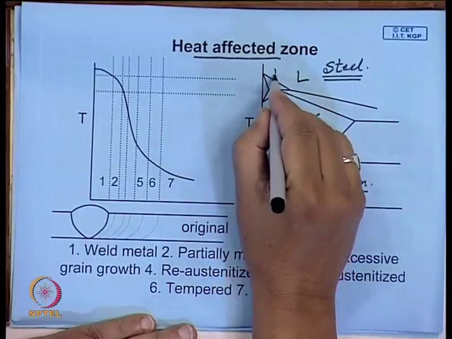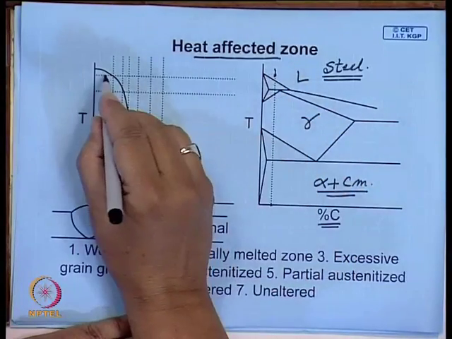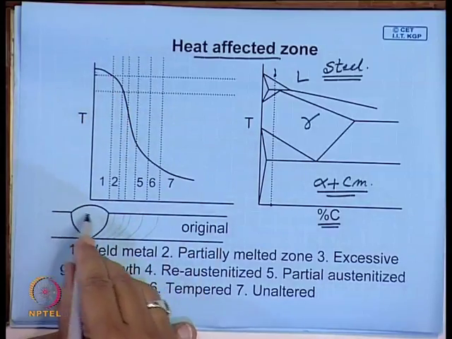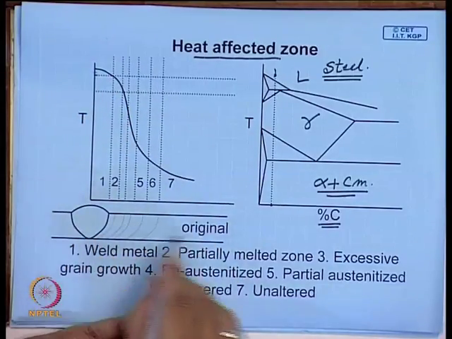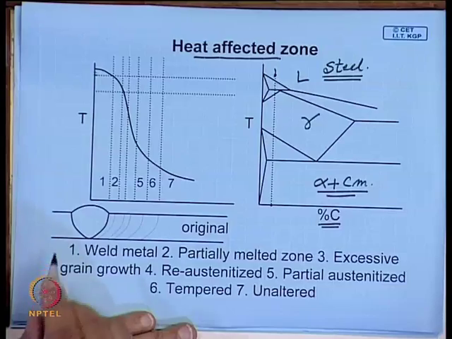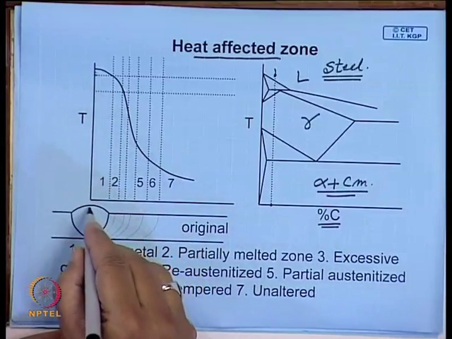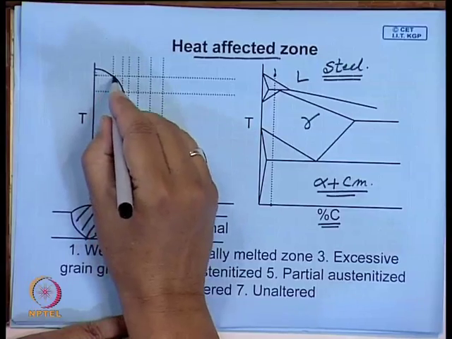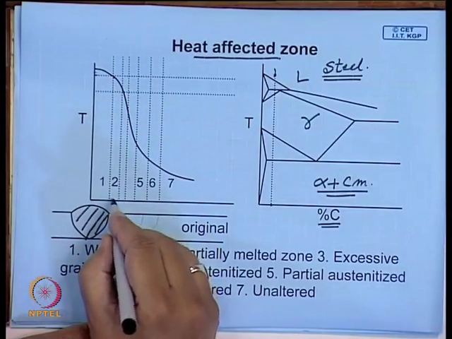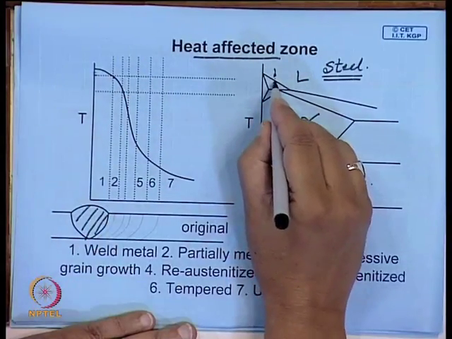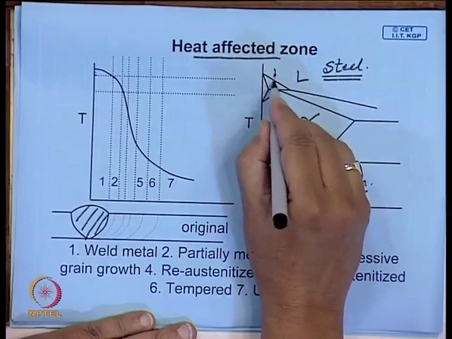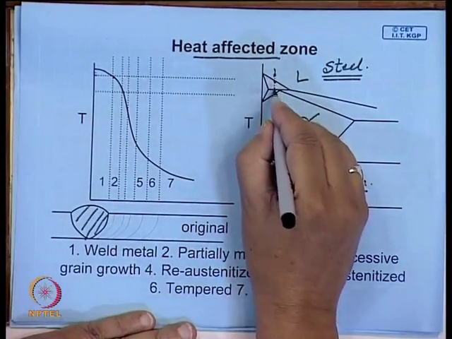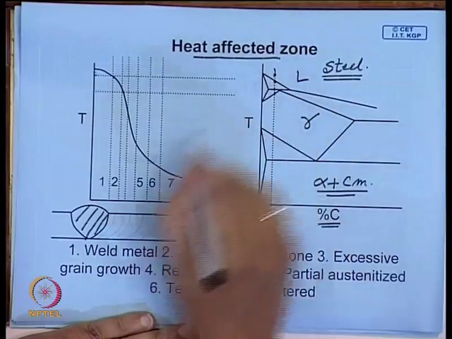So, initially there will be this molten zone, where the temperature in this portion is liquid, and this is a schematic diagram of a weld joint. So, you can think of clearly different zones. You will have a zone over here which is molten. Above this, next there will be a zone where the base metal just melts, partially fused, somewhere in this temperature region.